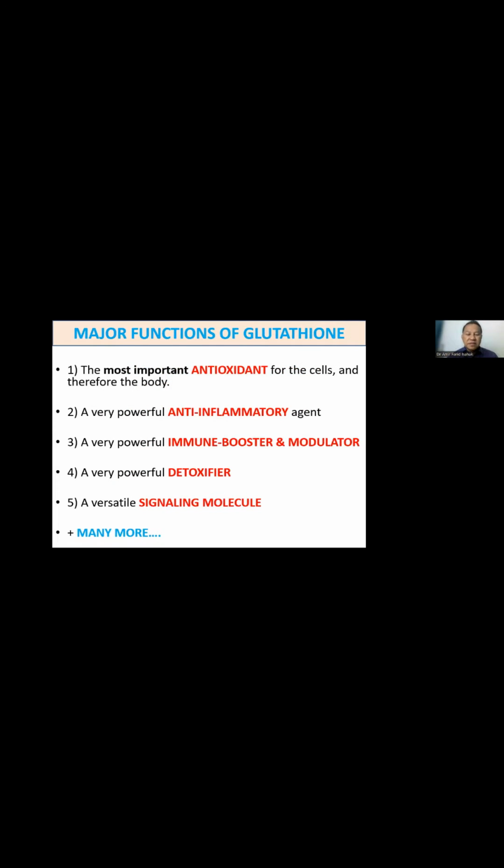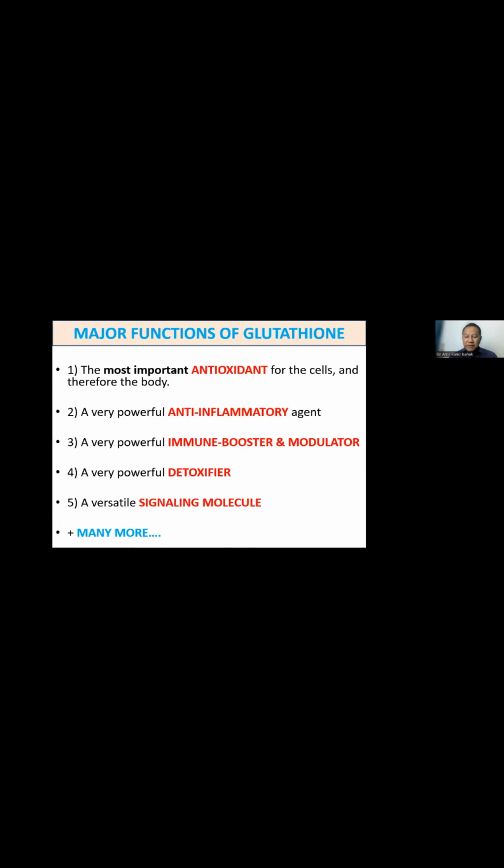Okay, so these are the major functions of glutathione. For a long, long time, we knew that it's the most important antioxidant for the cells and therefore the body. It's a very powerful anti-inflammatory agent, very powerful immune booster and modulator, a very powerful detoxifier, and a versatile signaling molecule, and many, many more functions.